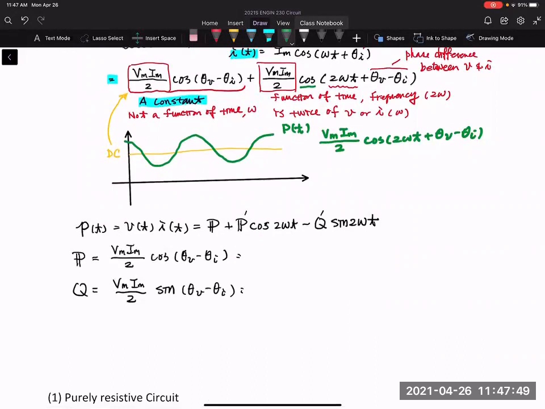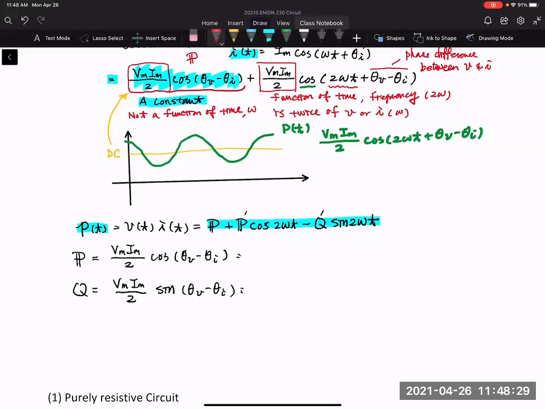So without detailed derivation, if you're interested, you can look at the book, which we will not do. The power turns out to be 3 terms here. The big P and the big Q, okay? So what does the big P and big Q represent? Well, the P part is actually the cosine part, which is this whole thing over here. Okay, this whole thing is your P.